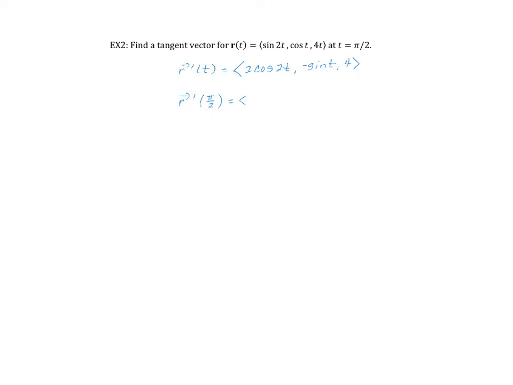Cosine of 2 times pi over 2 is just cosine of pi, which is -1, times 2 would be a -2. Sine of pi over 2 is 1, so this is -1, and then 4 is constant. Again, super easy.